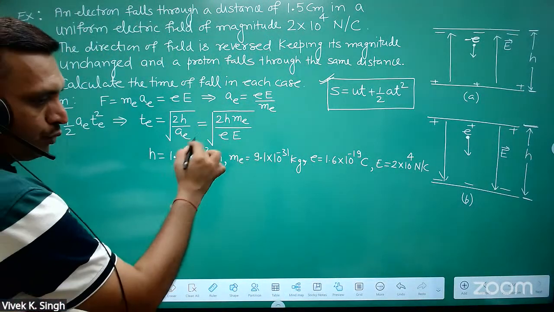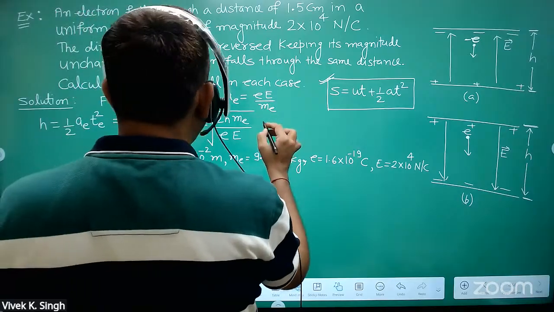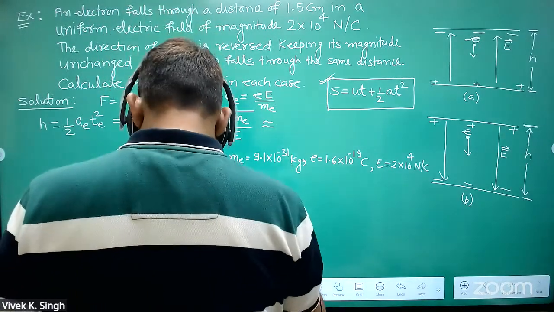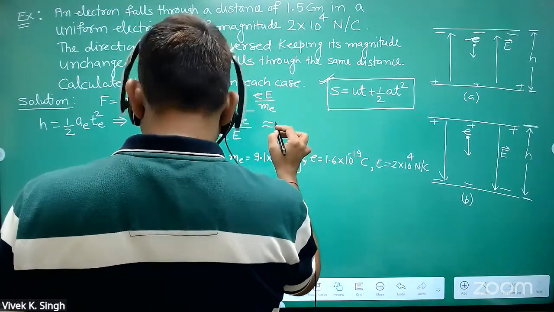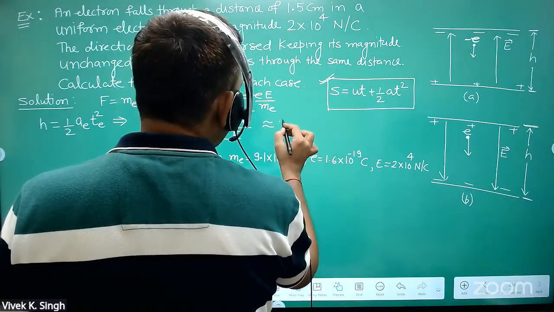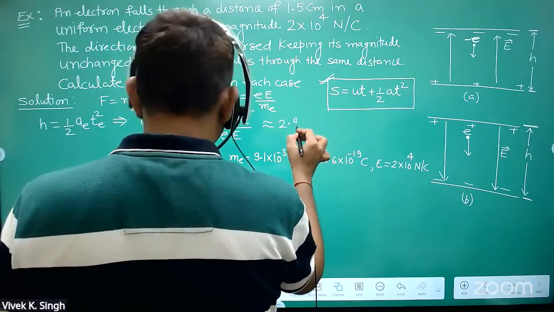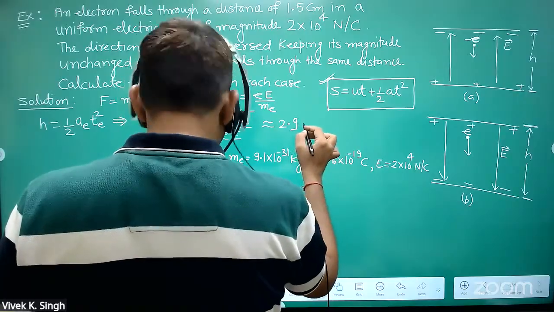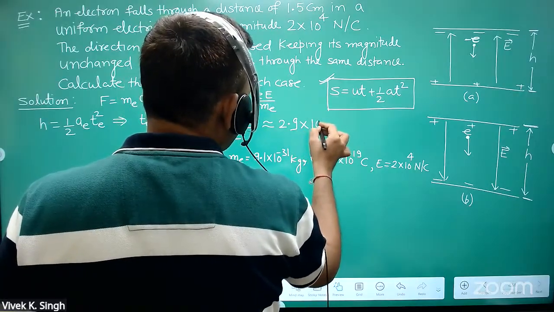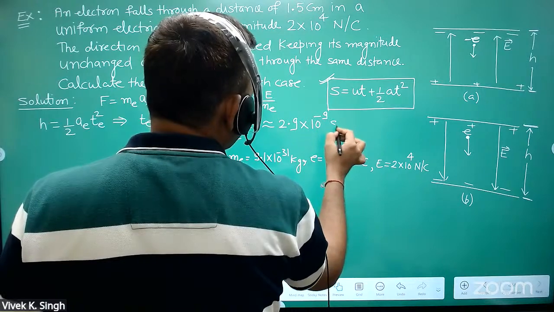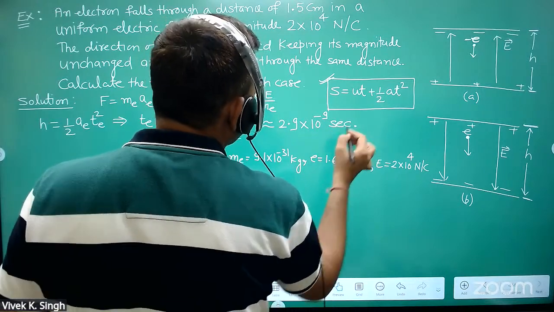So you have to substitute these values, and if you calculate it, I'm writing the value. So this t_e is approximately 2.9 into 10 to power minus 9 second. This is the time.